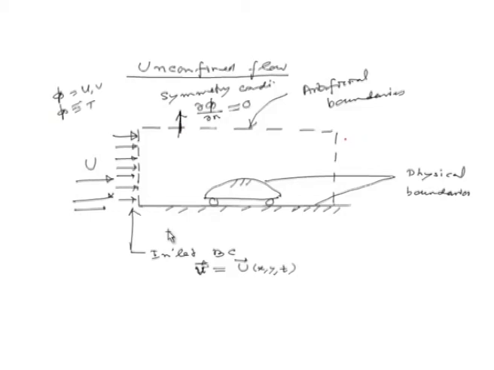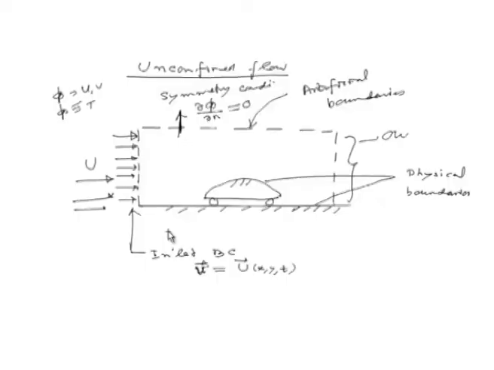Similarly, on the downward side we can specify what we call outflow boundary condition. So we have to specify pressure, and we can say that there is no variation in the velocity components along the outflow direction. So that completes our outflow boundary condition.